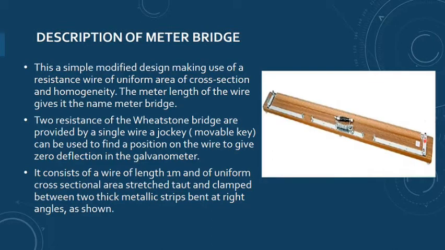This is made in a way that it produces less resistance. Just to reduce the end errors, we are using these thick copper strips here. And of course, the 1 meter length is of uniform area. You have to note all these things in the construction of the meter bridge, how it is made when we are using it in the lab.